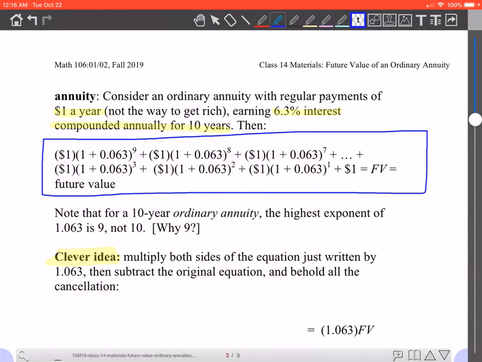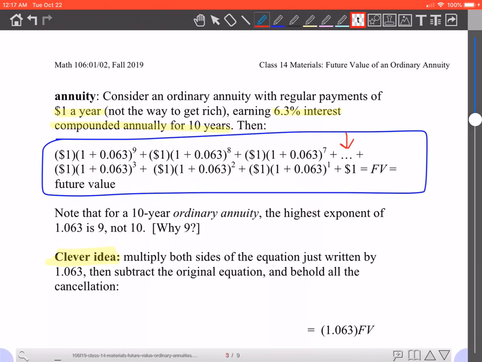First exponent is 9, last exponent is 0. Again, I skipped a few steps, but there would be a total of 10 deposits shown in this really long number sentence. Right now you can only see 7 of them, but the other 3 are there. Remember that little dot dot dot there is showing those extra deposits that we don't feel like writing out.